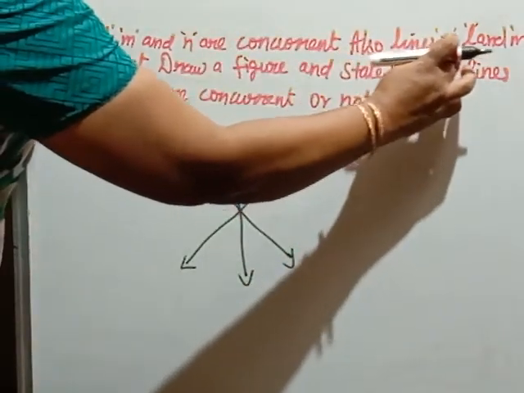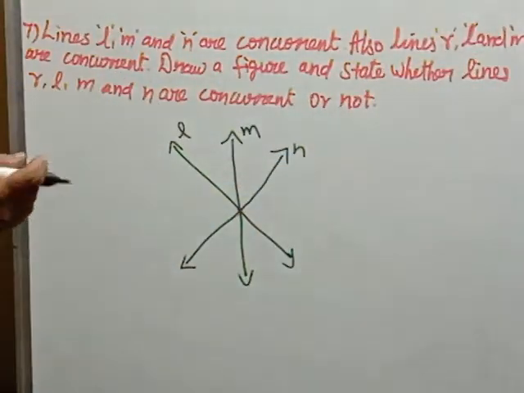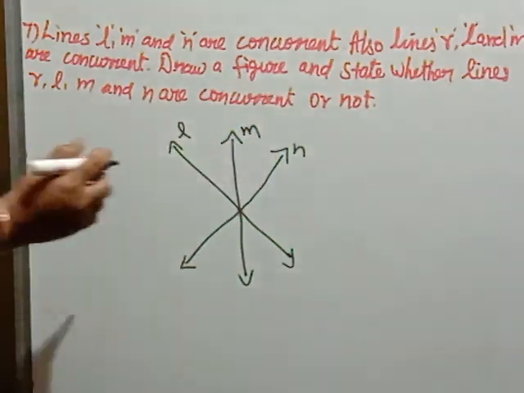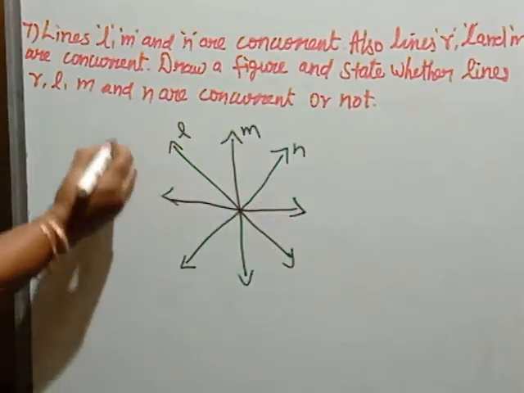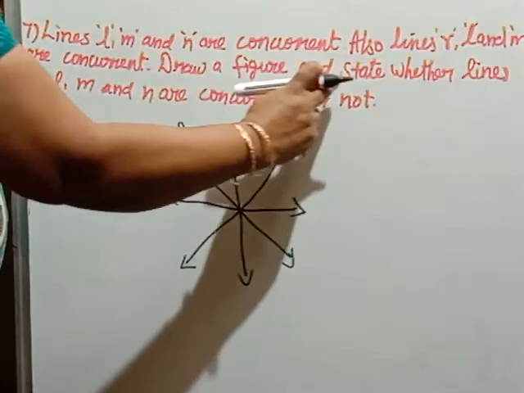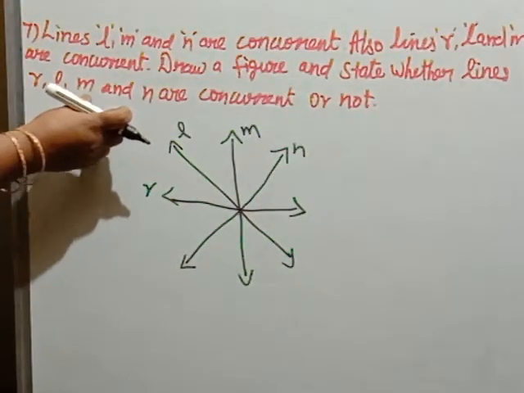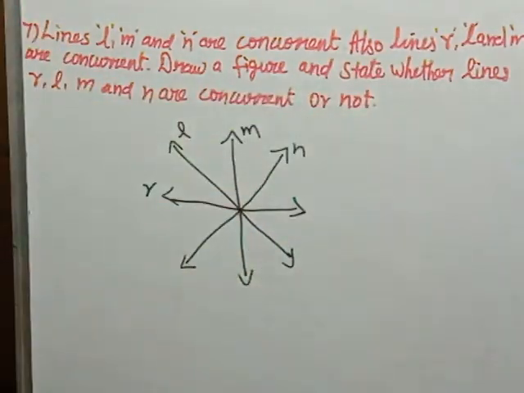Also, lines R, L and M are concurrent. So, M and L are already there, so we have to add one more line passing through that point. That is called R. Draw a figure and state whether lines R, L, M and N are concurrent or not.